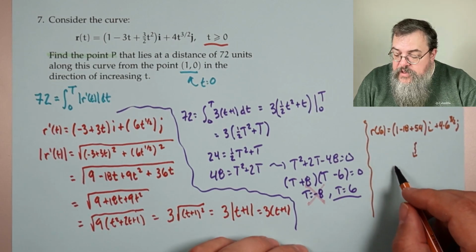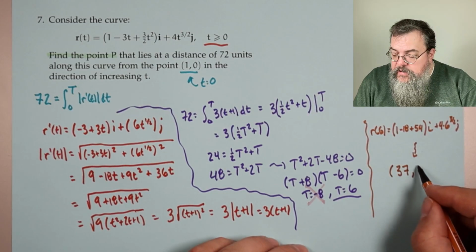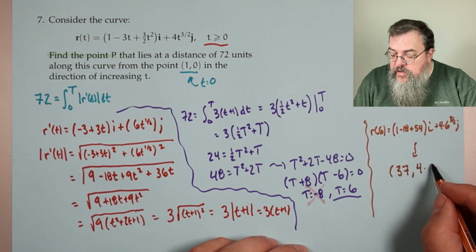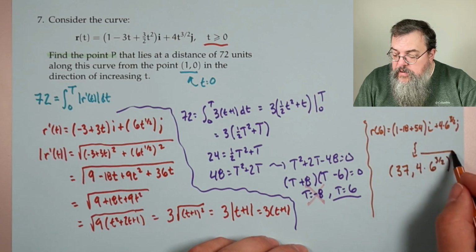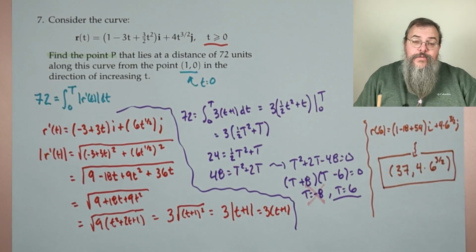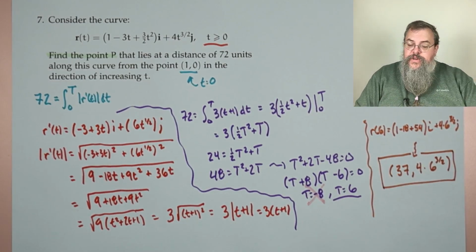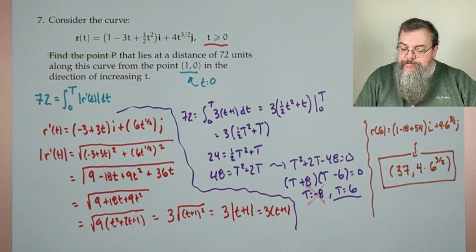Add 1 gives you 37, comma, 4 times 6 to the 3 halves. And there's the point. That's where we will be once we've traveled a distance of 72 units along this curve.